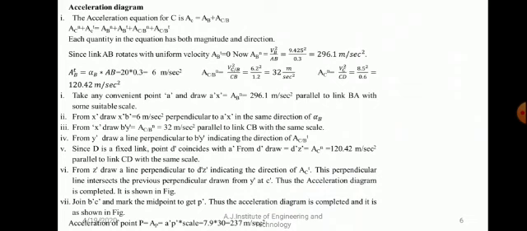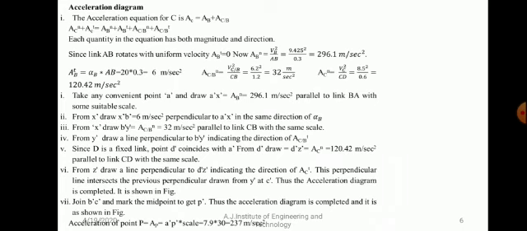Now, each component will have a normal component and a tangential component. ANC plus ATC is equal to ANB plus ATB plus ANCB plus ATCB. Each quantity in the equation has both magnitude and direction.